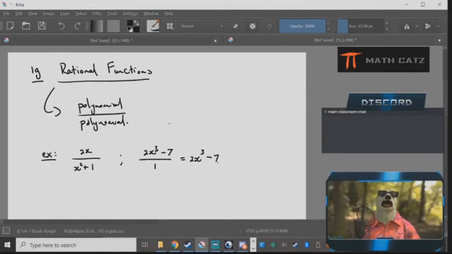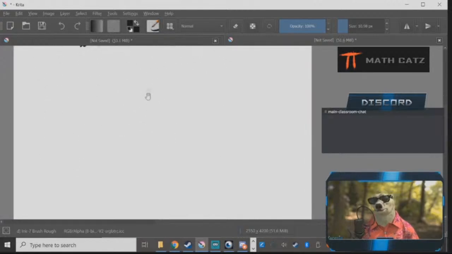The rational functions extend the family of polynomials, and we have more fundamentally different kinds of functions now as well.